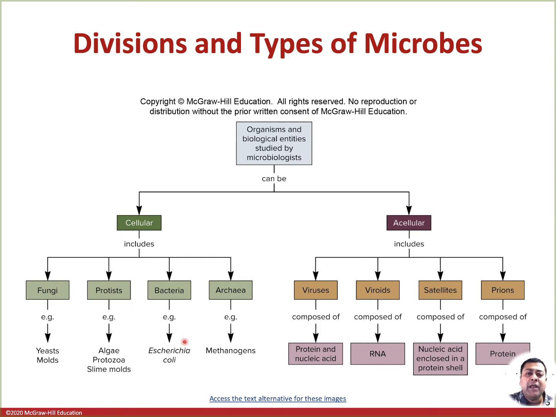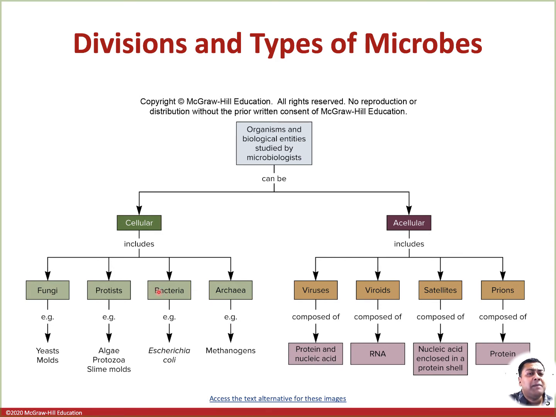Whereas the bacteria, for example E. coli, Escherichia coli, we talk about that all the time, and there are many different types of them, on the other hand have a primitive cellular structure. We are going to talk about that. And the Archaea are another group of organisms. These are methanogens, meaning that many of them produce methane gas, or natural gas. They also have a very primitive type of cellular structure.